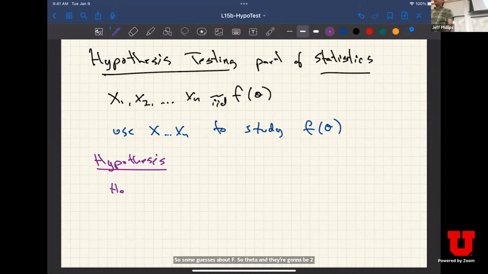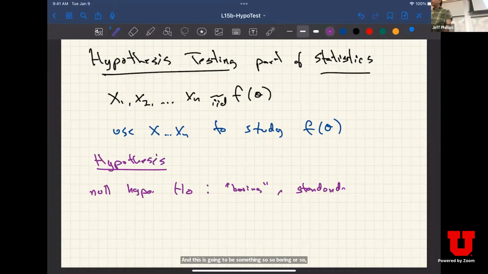The first one is going to be the null hypothesis. We'll call this H0. It's the null hypothesis, and this is going to be something so boring, something like standard.